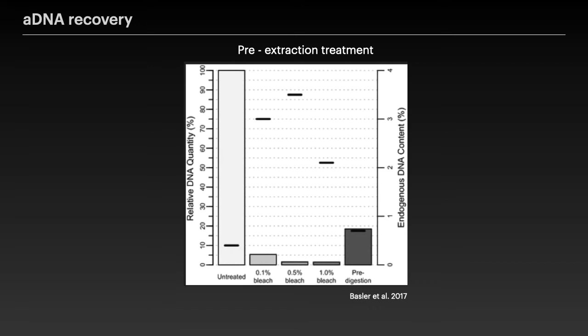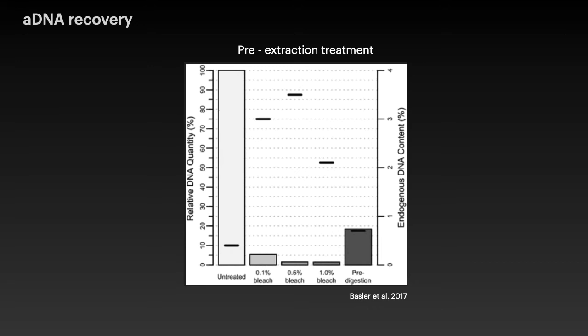So we do find that we have up to a ninefold increase in endogenous content for the treated samples, but at the same time we have a massive loss in relative DNA quantity. The bars indicate the relative DNA quantity, while the horizontal marks indicate the endogenous content increase.